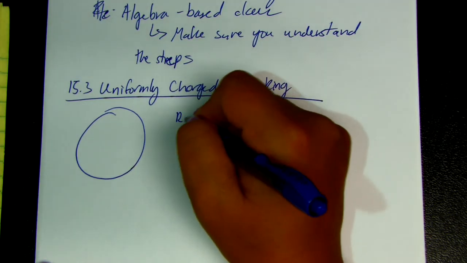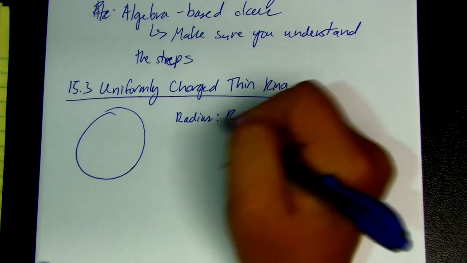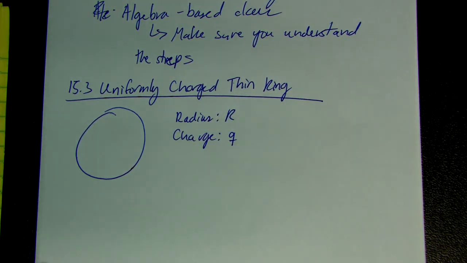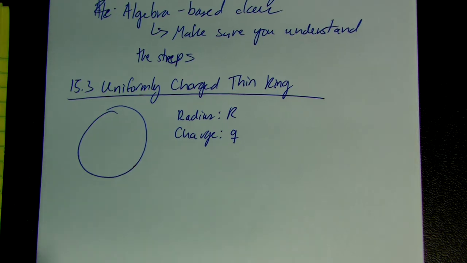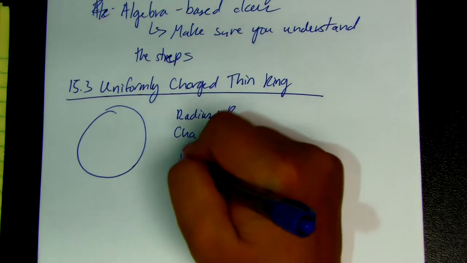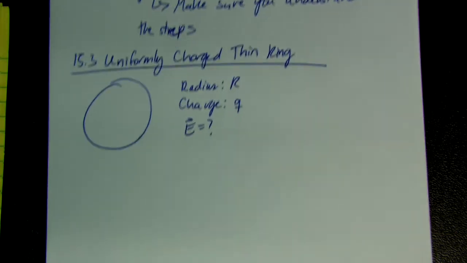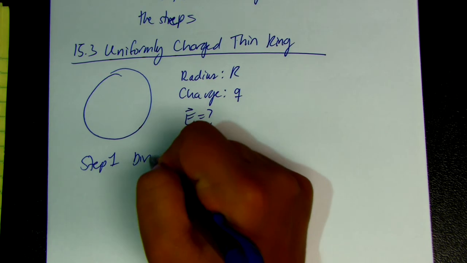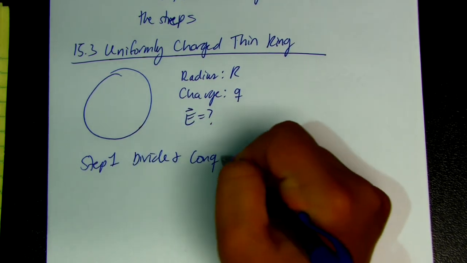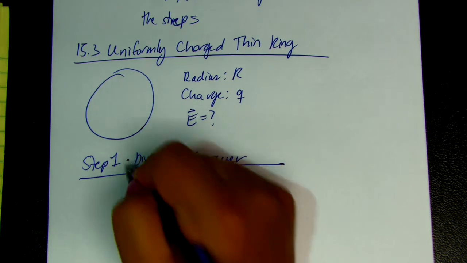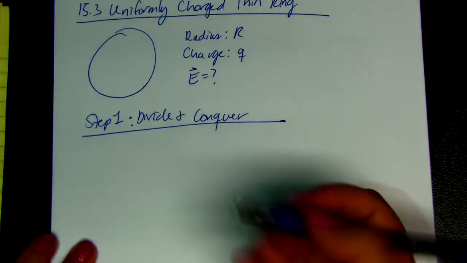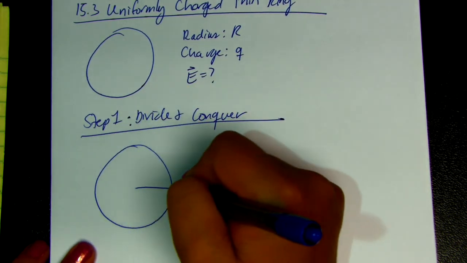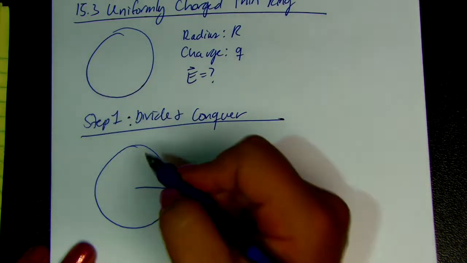It has radius of capital R and charge lowercase q. All right, so to go after the electric field from this ring, we need to divide and conquer. So we want to start breaking it up into small pieces. So we've got our ring here, and we'll start there, and then we're going to go around and just add it up.